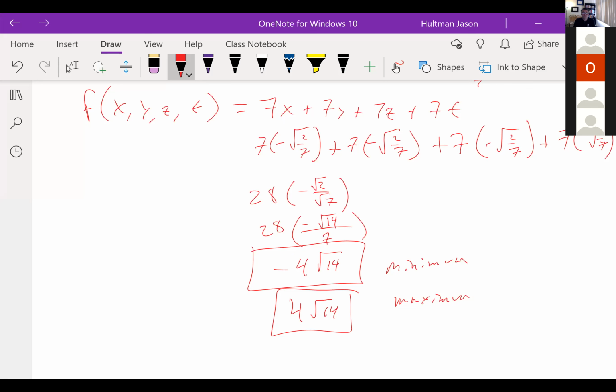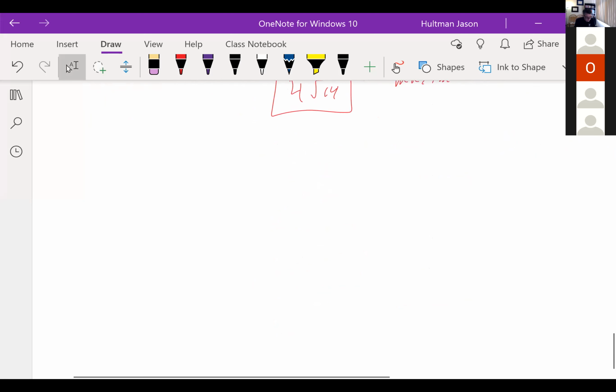Professor, can you quickly run through number 3, please? Okay, so it's finding the domain. Is that what this is? So, yeah.